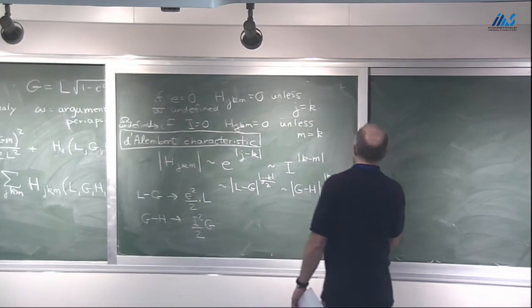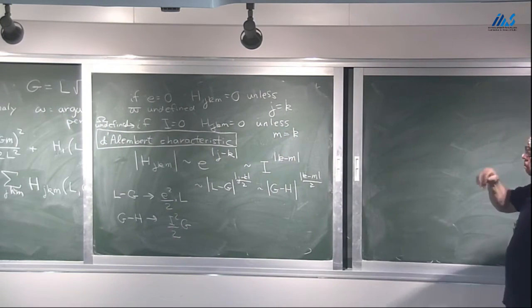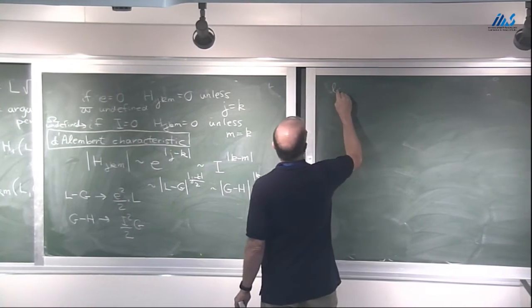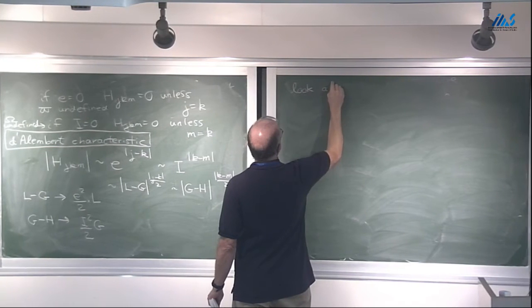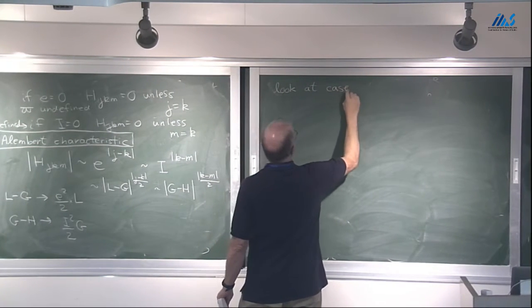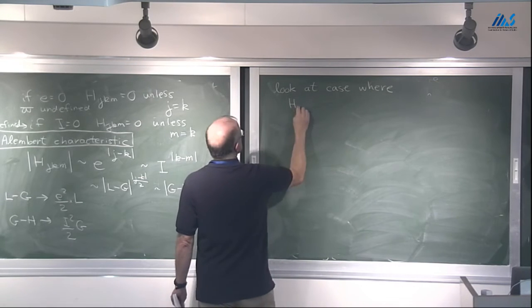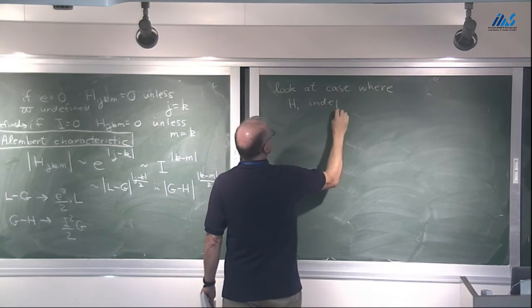Another useful distinction between the terms in the disturbing function is to look at the case where the perturbing potential is 0, where H1 is independent of time.